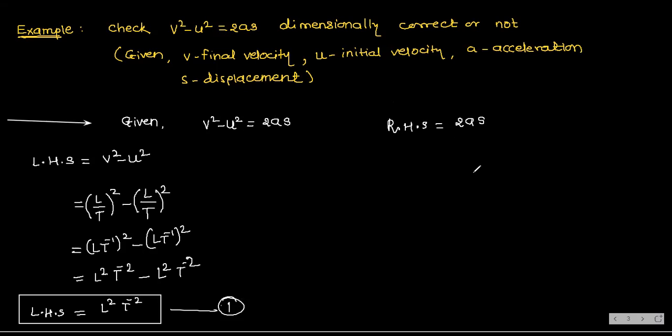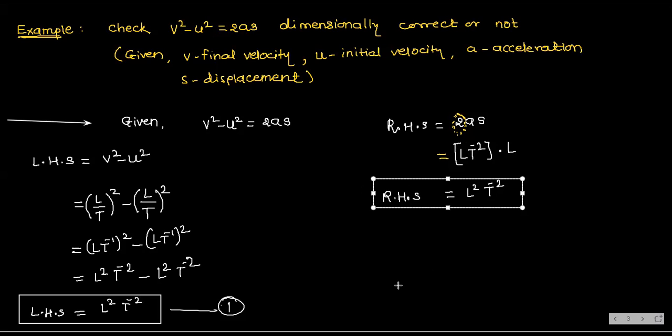Now this 2 is what? 2 is dimensionally a constant, so no need. So what will I substitute now? The acceleration dimensions are L T power minus 2, into S, which is displacement, so this is only L. So what we are getting here is L square T power minus 2. This is the right hand side.